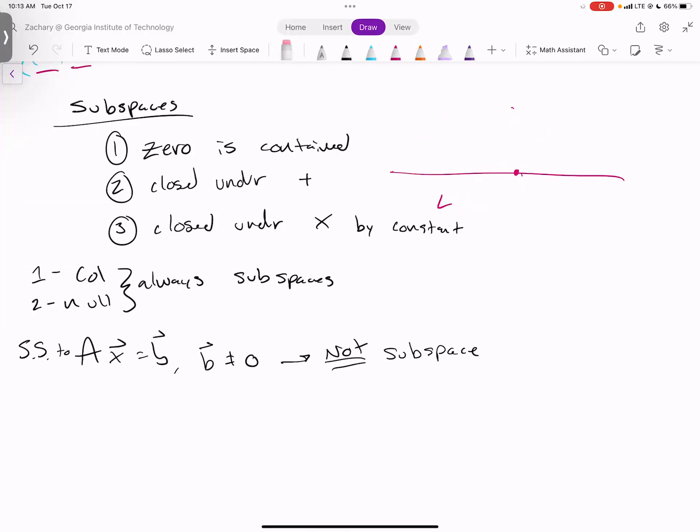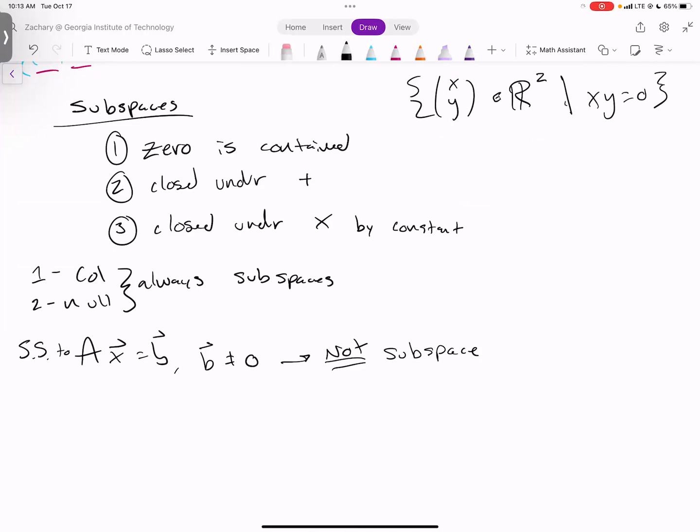So this is how you think about it geometrically. Another example that people see a lot is an equation that looks like this. Given x and y in R2, this is like talking about a space given the condition that xy equals 0. And we're asking, is the space created by this condition a subspace? Well, xy equals 0 means either x is 0 or y is 0.